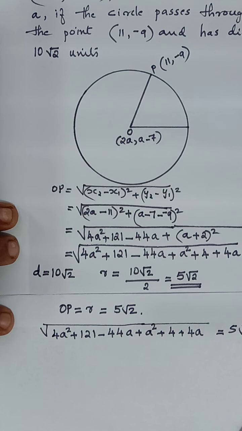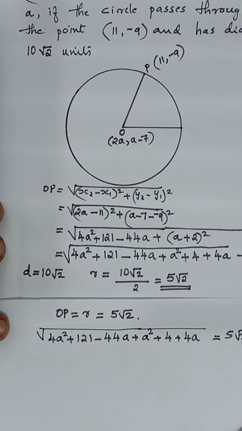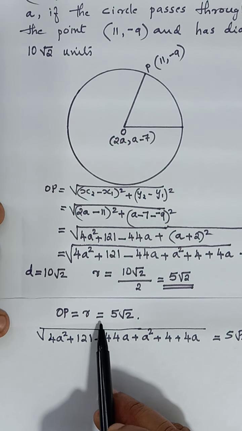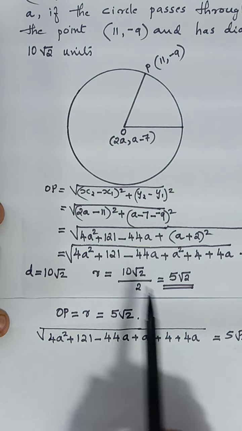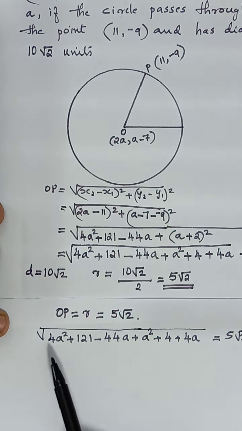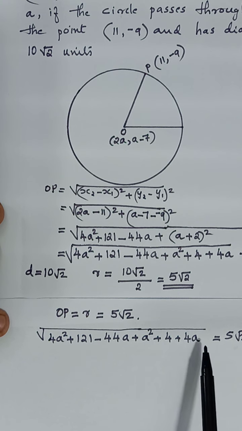Okay, I have just copied this. You can see this. Here OP is the radius, we know. OP is equal to R, that is equal to 5 root 2 we understood. Now OP is square root of 4a square plus 121 minus 44a plus a square plus 4 plus 4a.